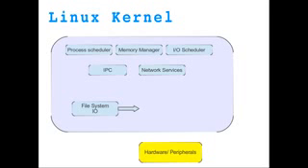Also, there's the file system. The Linux system has a number of different types of file formats that it can support, and all of them have different variations. But all in all, the Linux kernel also has a virtual file system, and the virtual file system allows the kernel to be able to talk to different types of supported file systems inside of Linux and talk to them in a uniform manner.